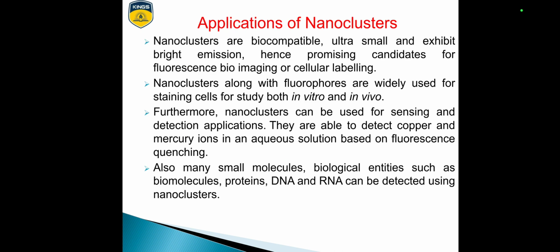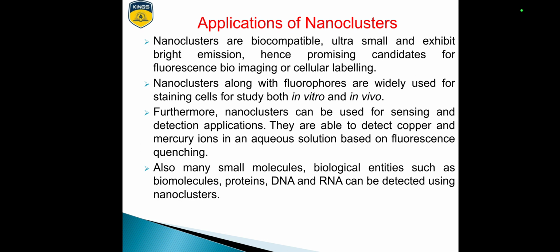Then applications of nanoclusters. The nanoclusters are biocompatible, ultra small, and exhibit brighter emission, hence promising candidates for fluorescence, bioimaging, or cellular labeling. Nanoclusters, along with fluorophores, are widely used for staining cells for study both in vitro and in vivo.